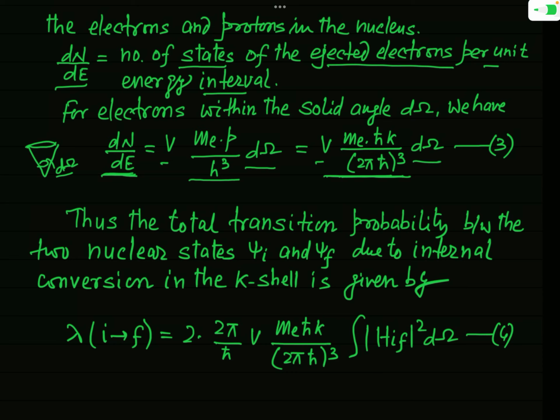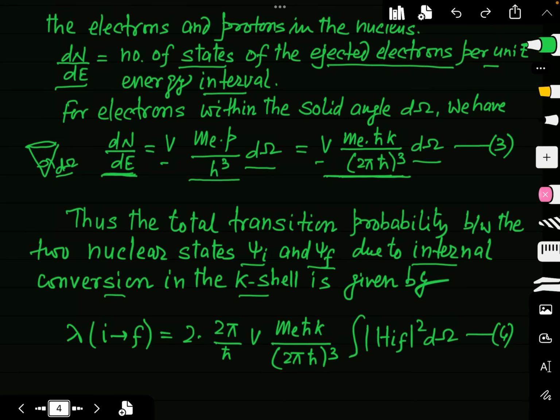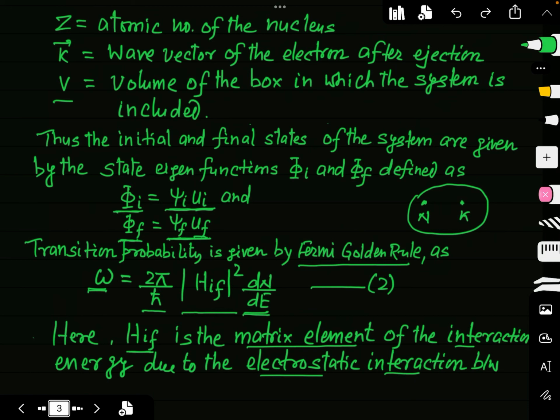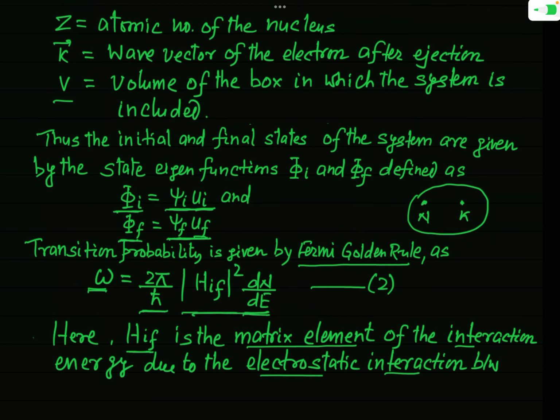So the transition probability between the two nuclear states psi I and psi F due to internal conversion in the K shell will be given by this formula: 2 pi over h bar times this much.